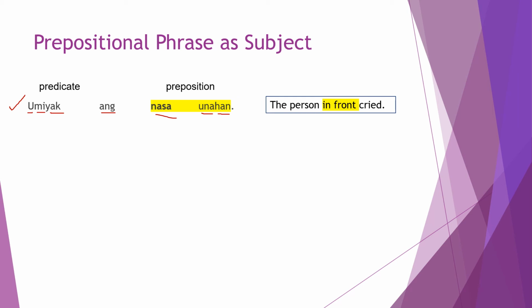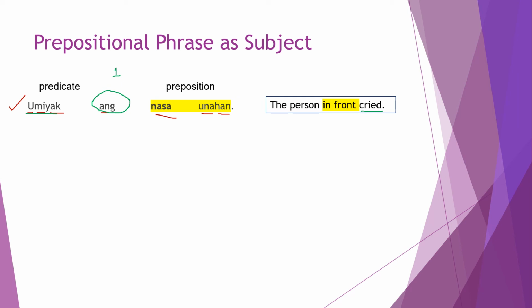Okay. Umiyak is cried in English. And again, you've seen the word ang one more time in here. Ang shows or denotes singularity, right? Being one.